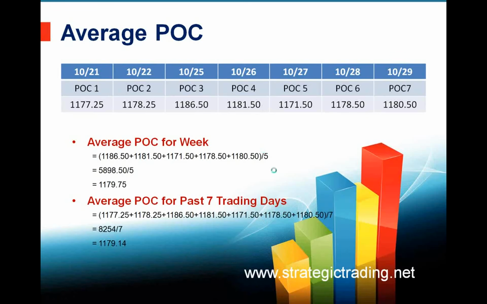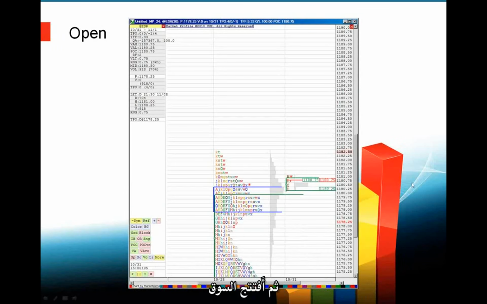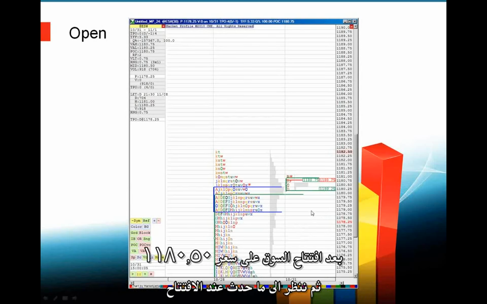All right. Now we get to the interesting point, and the interesting point is the open. I'm looking now at the beginning of the week, and for the futures, as you are all aware, this starts on Sunday afternoon or evening, and the market opens at about 1180.5.